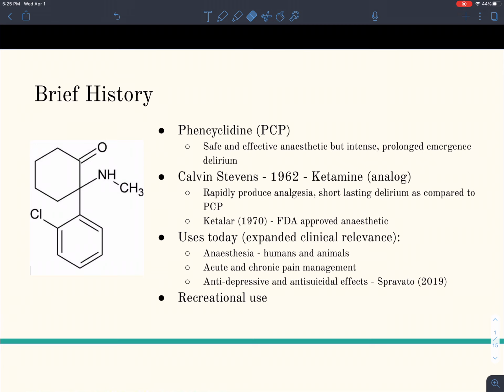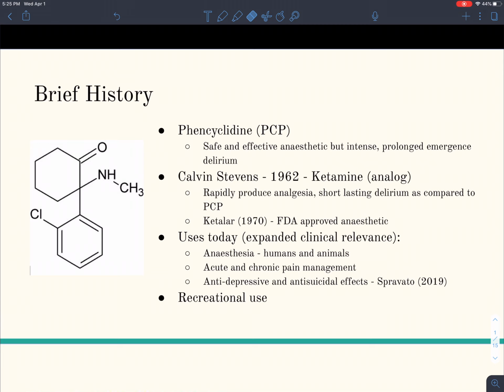Ketamine was able to rapidly produce analgesia as well as anesthesia, in under a minute, lasting for 30 minutes, and it was very easy to redose. It was also safe to redose.